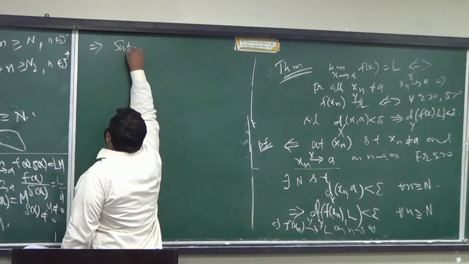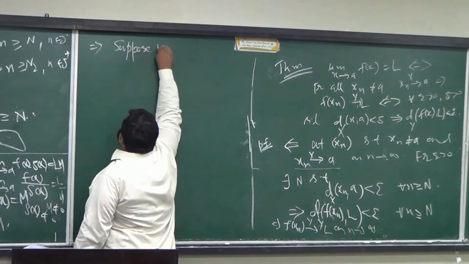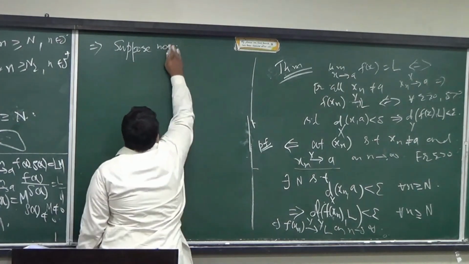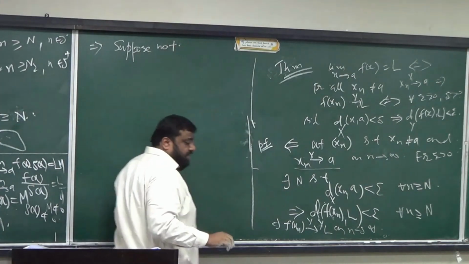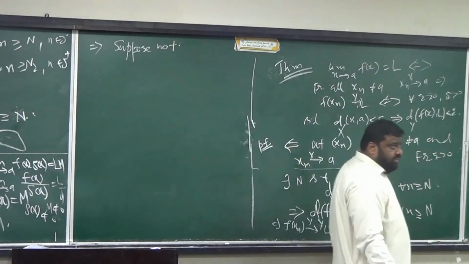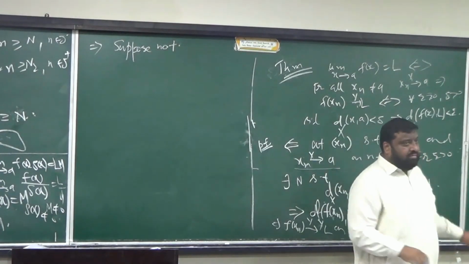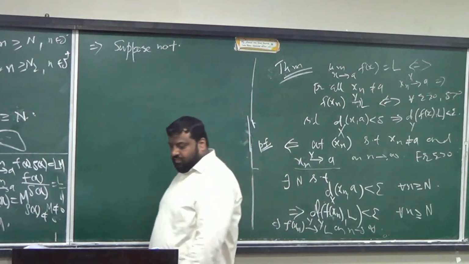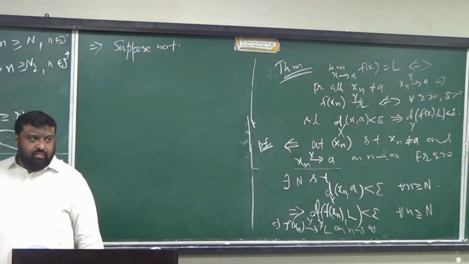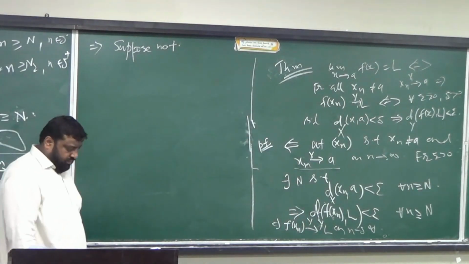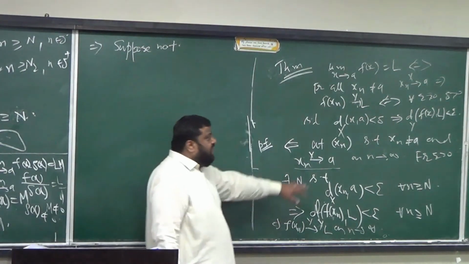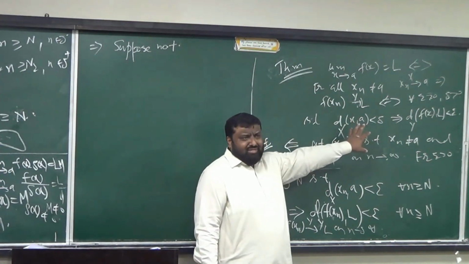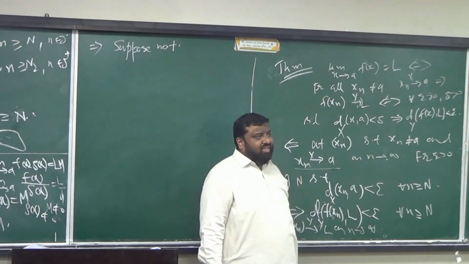Suppose not. What will happen? Suppose this doesn't happen. What would be the negation of this statement? Do I need to tell you that? What is the negation of this statement?